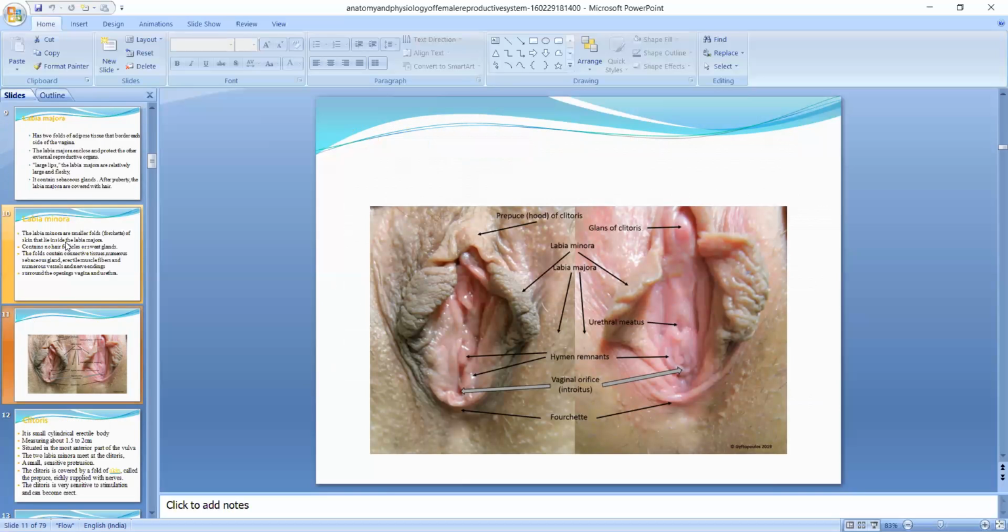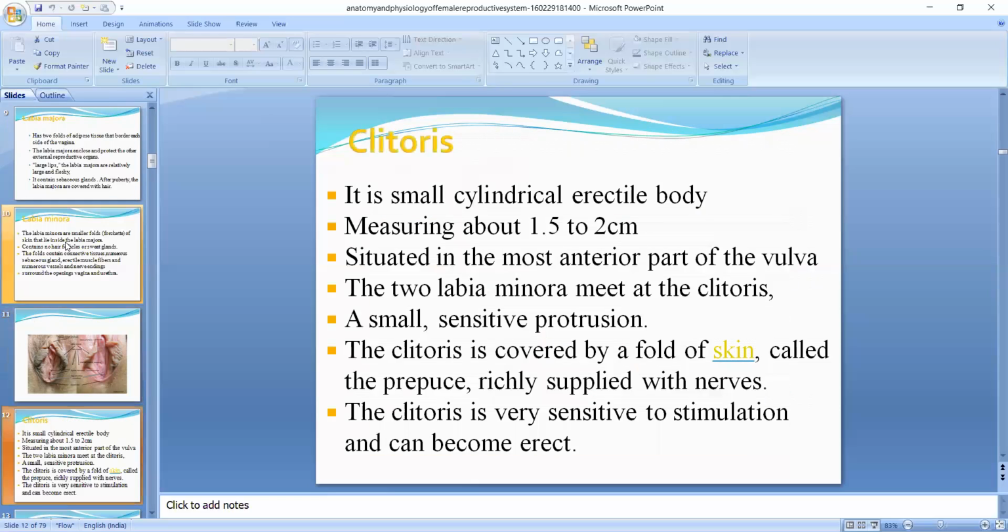You can see here in the pictures very clearly the labia minora, the clitoris, and the foreskin of the clitoris. We can say that is the hood of the clitoris and the glans of the clitoris.